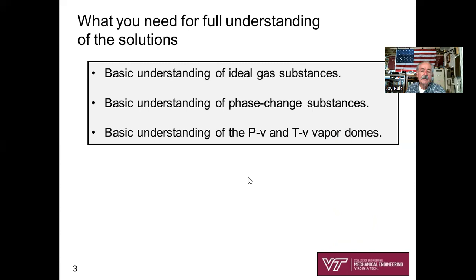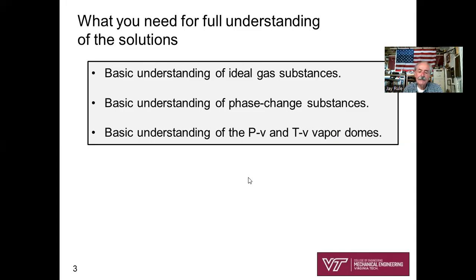In your class, it is my hope that you've also covered the type of substances that we're calling ideal gases, things that you recognize as a commonly found gas: air, nitrogen, carbon dioxide, argon. These are substances that, when I encounter them in engineering, I'm going to treat as ideal gases.